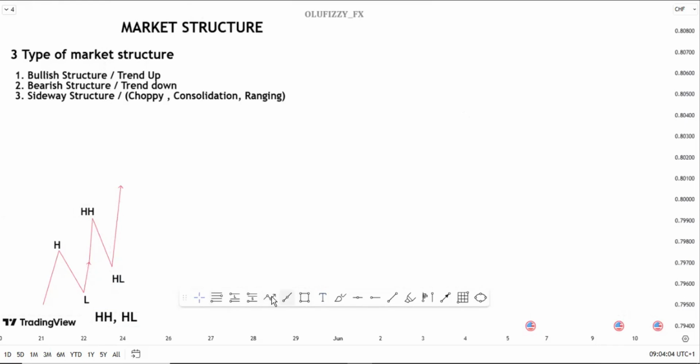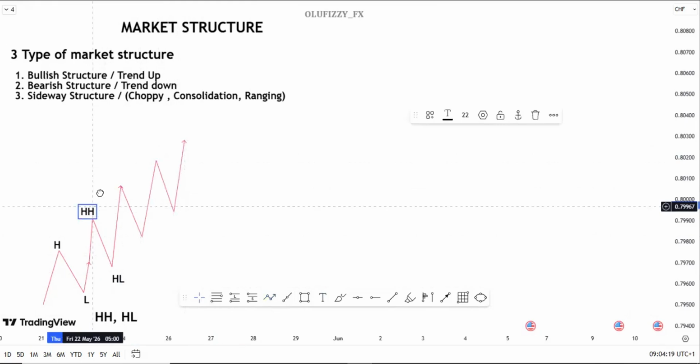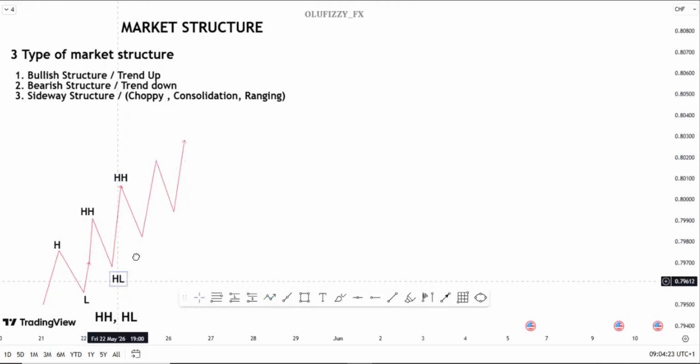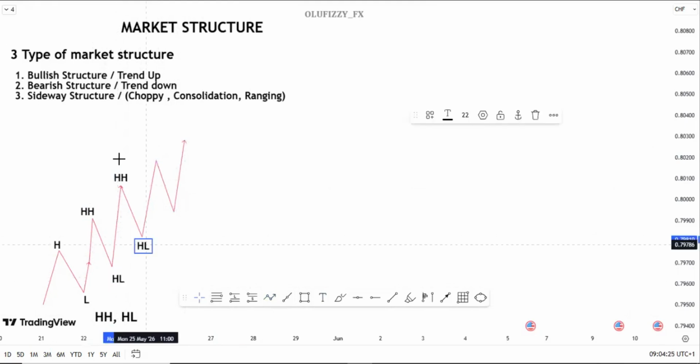If price continues like that, that means price is in a bullish market structure, or bullish trend, or trending to the upside. Anytime you see price breaking highs and respecting lows, that means price is in a bullish market structure. That signifies that price wants to be going to the upside.